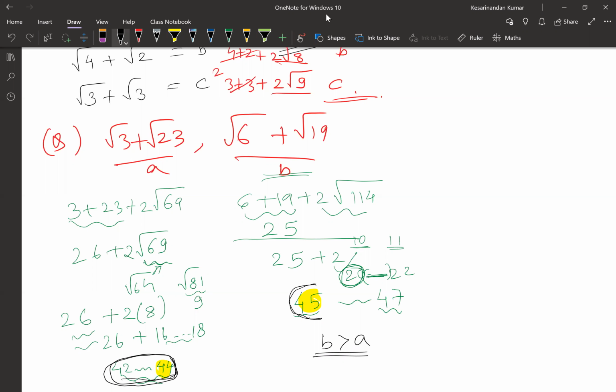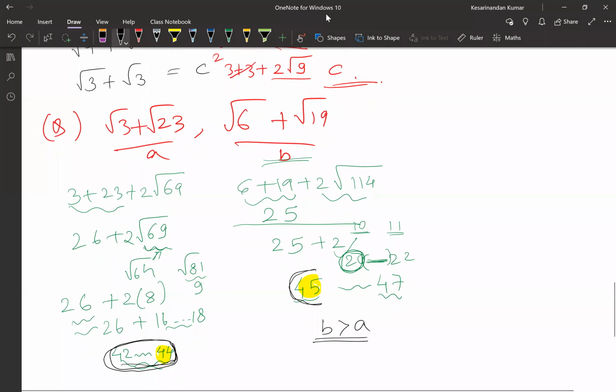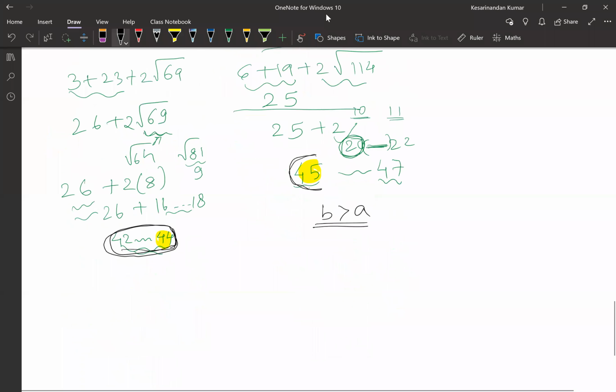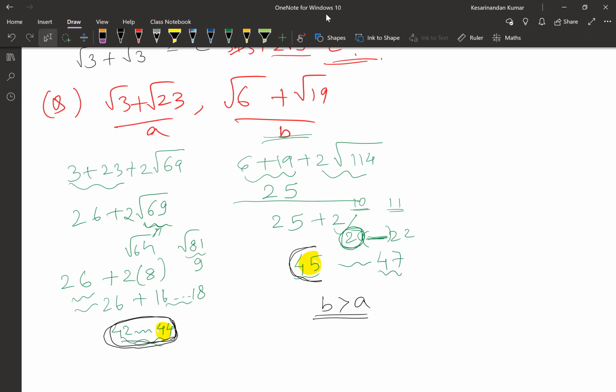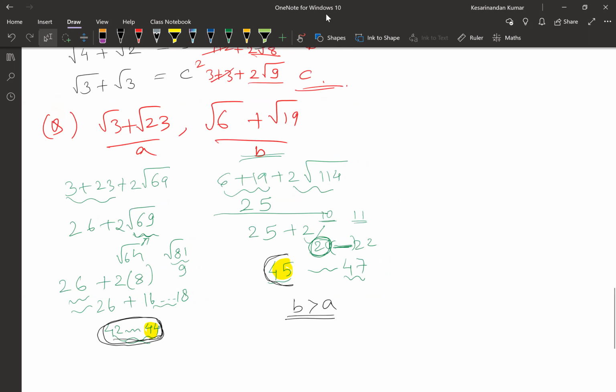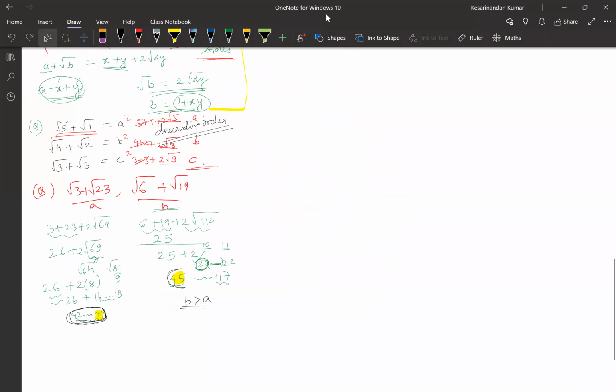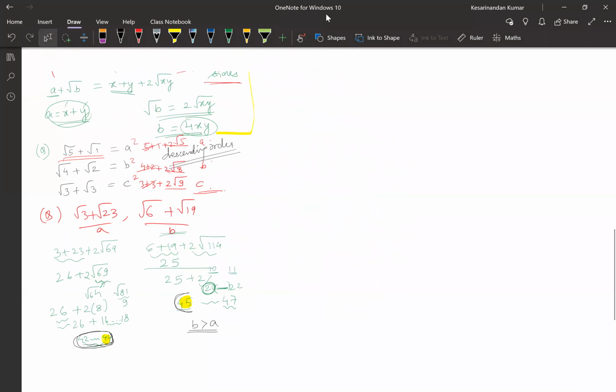Okay, if there's no one, then I'll give you 30 seconds to revise this one, because it will be important for moving to the next question. Or in these last 3 questions, if you have any doubt, please ask me.